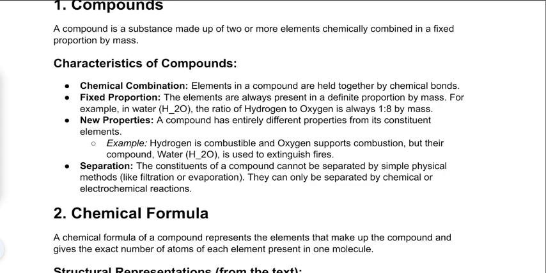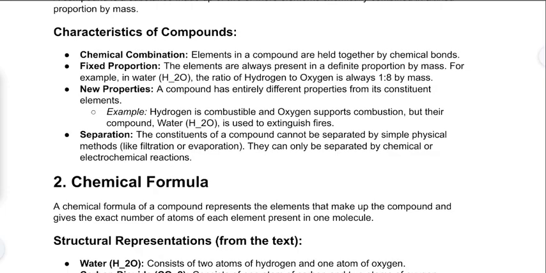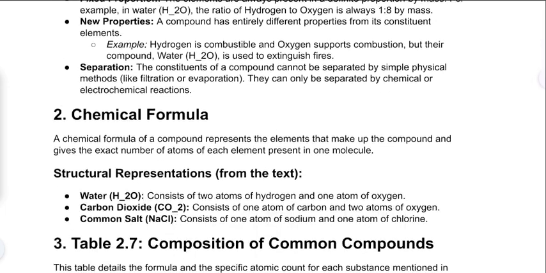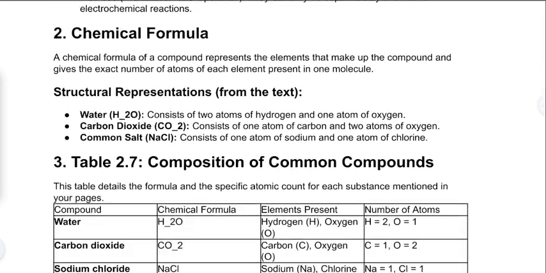Right now, we used the chemical formula of sulfuric acid. But only the sulfuric acid's chemical formula is not there. Many more things are there. So, see. First of all, a chemical formula represents the elements that make up the compound and the exact number of atoms present in one molecule.